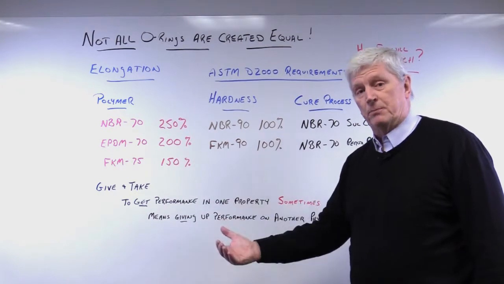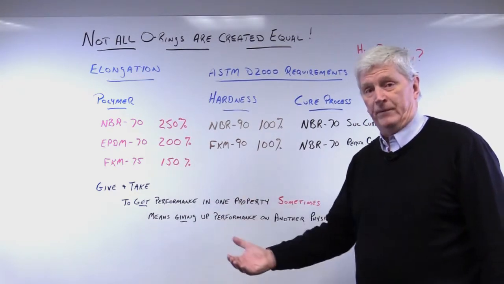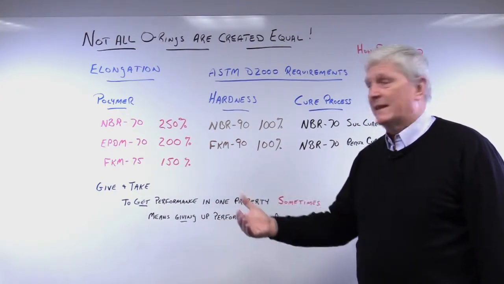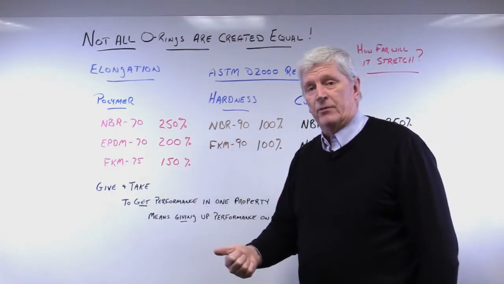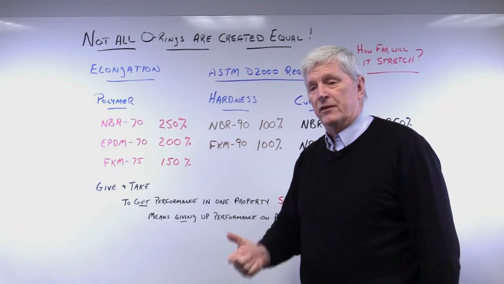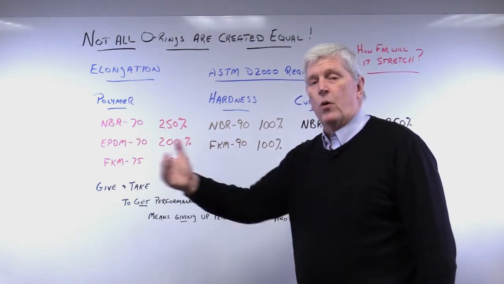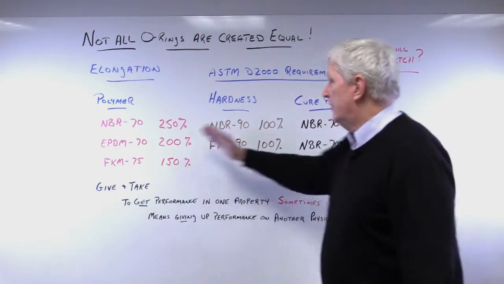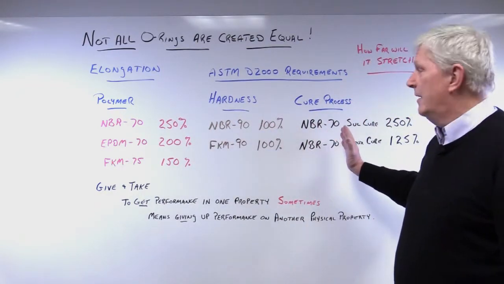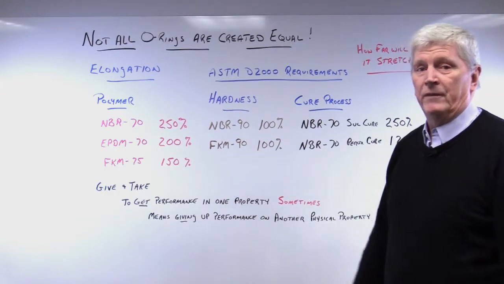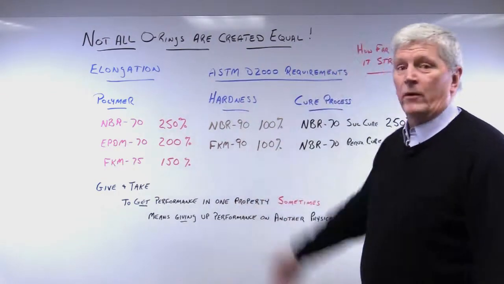You've got to stretch this part significantly without breaking. Okay? But in order to get that, based on the other criteria, do I have to give up compression set? Do I have to give up tensile strength? Do I give up abrasion resistance? What are the give and takes? Know the basics, elongation, how far can it stretch, but what else do I need my material to do? Again, not all O-rings are created equal.